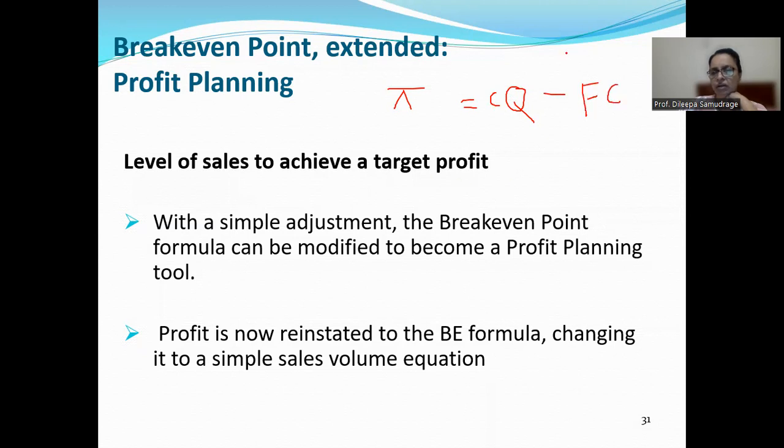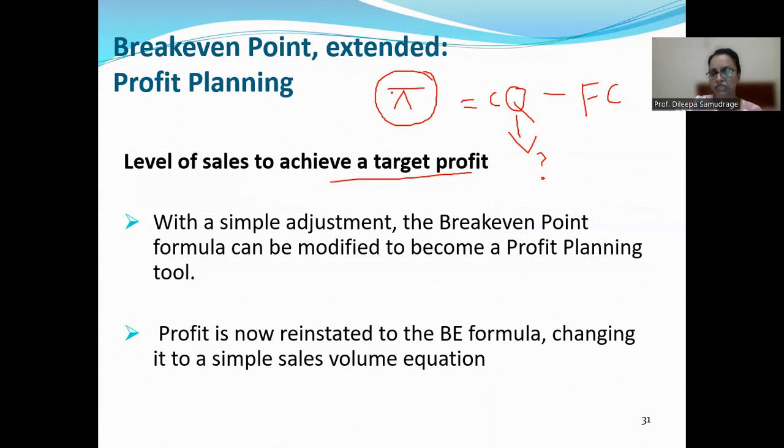This is your profit equation. But here what you want to find out is to achieve a target profit. So this is your target profit. To achieve this target profit, how many units you should produce, right? So please formulate this equation.